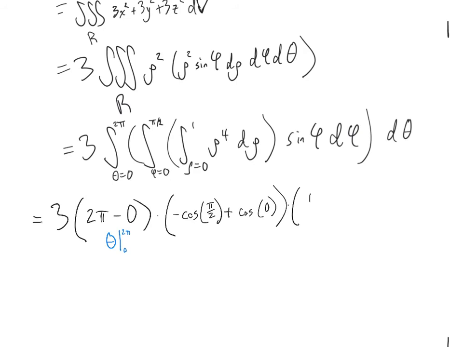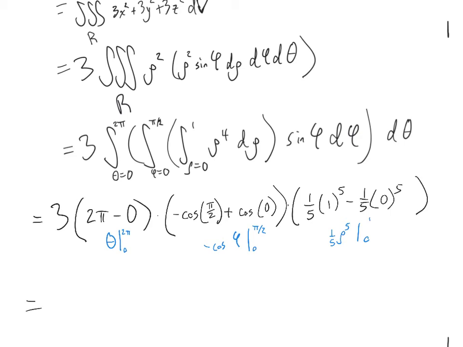That becomes 1/5 rho to the 5th, evaluated from 0 to 1. So that's 1 to the 5th minus 1/5, 0 to the 5th. So here's minus cosine of phi, evaluated from 0 to pi over 2. And here's 1/5 rho to the 5th, evaluated from 0 to 1.